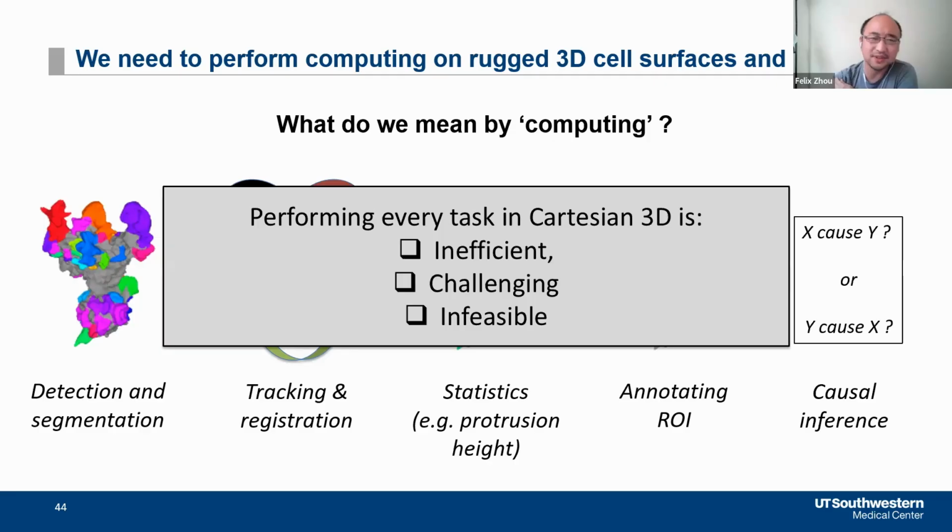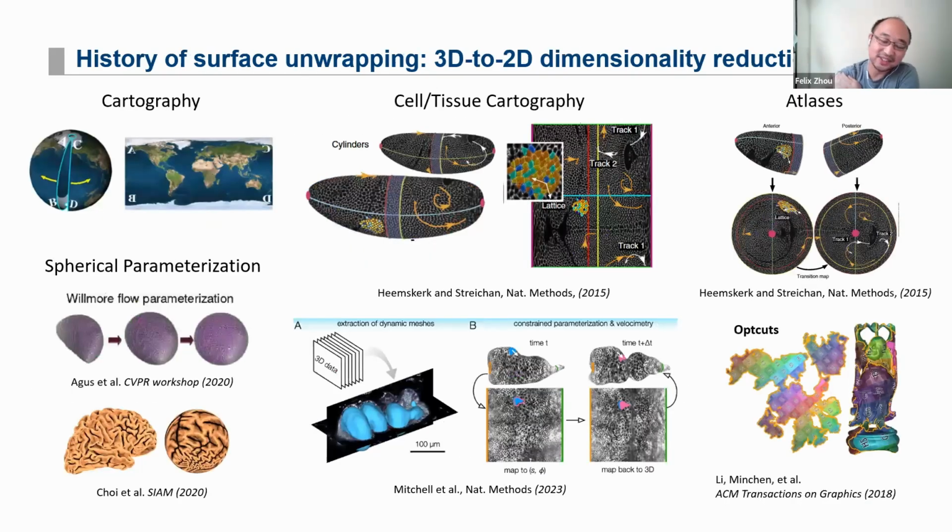And something that I recognized very early on in this project is that performing every one of these tasks in Cartesian 3D is inefficient, it's challenging, and sometimes it's just infeasible unless you're a math genius, right? If you're Terence Tao, maybe. And people have figured this out for a long time, right? For example, you don't compute distances on a 3D sphere for maps.